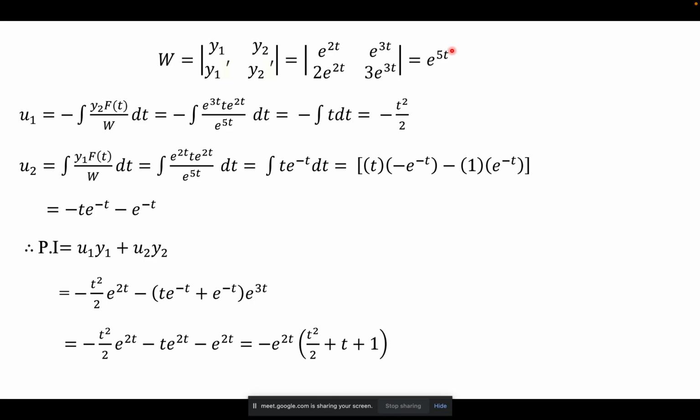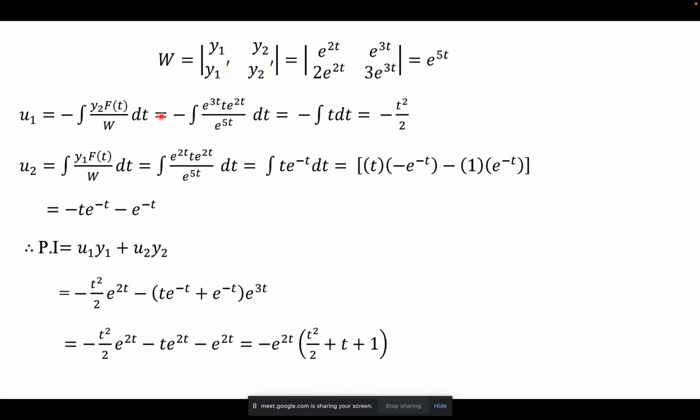Now you have both the complementary function as well as the Wronskian. You again calculate the value of u1. The value of u1 is minus y2 times f(t), because now you have a function of t, not x, upon W times dt, because now the derivative is with respect to t, not x. So keep that in mind. You need to take care of this.